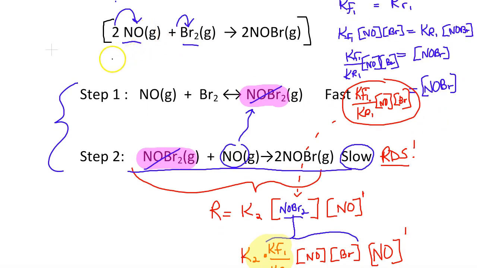Well, as I said before, having two NO molecules come together and collide with a Br2 molecule, the chance of a termolecular reaction is so small. The chance of three particles, two NOs and one Br2, all colliding at the same time is very minimal. So this is a mechanism to try to explain that it probably occurs in two steps, all right?